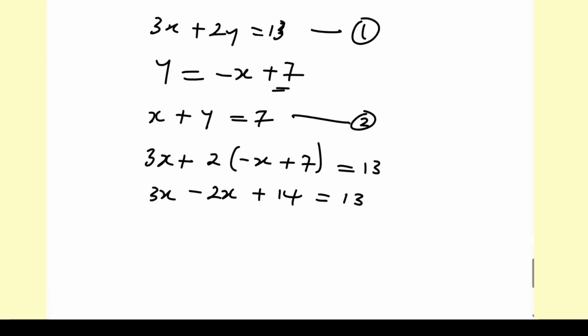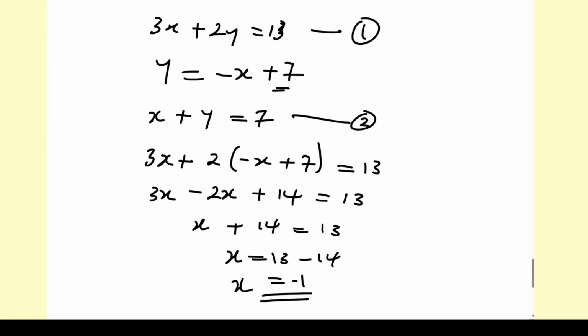So if you subtract these two, we have x plus 14 equal to 13. So if this goes to the other side, we have x equal to 13 minus 14, and this is equal to minus 1, because 14 is more than 13.